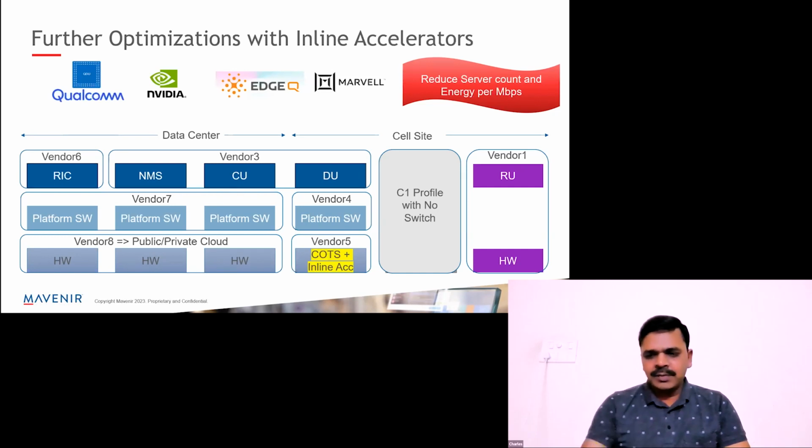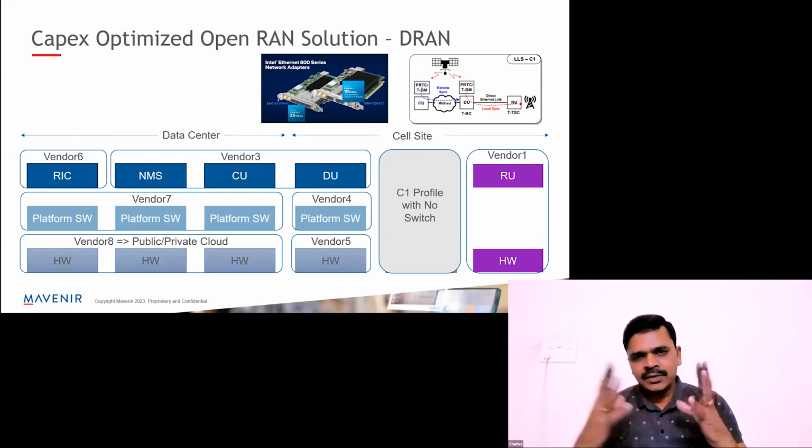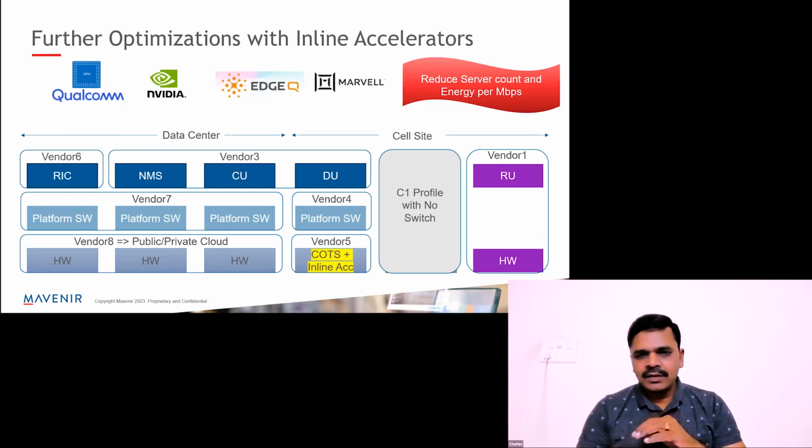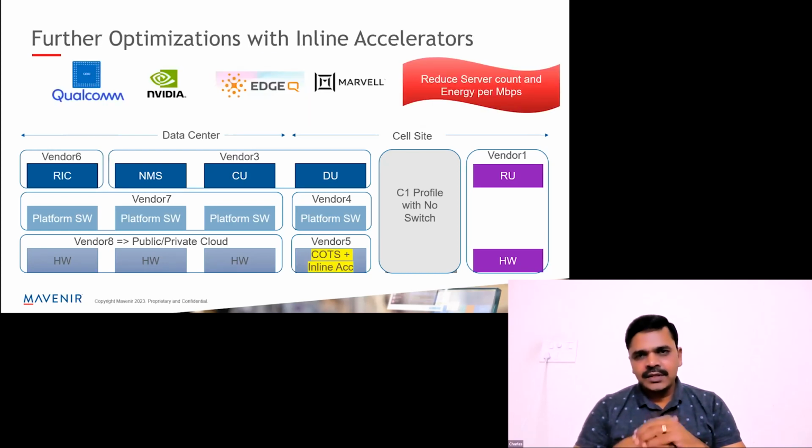So the previous slide talks about a case where you have a configuration where you can manage everything within, say, for example, a 32-core or even 2 server configuration. But there are operators who have multiple layers and even 200, 300 megahertz of bandwidth with massive MIMO kind of capacities. So for such cases, having everything in the software becomes too expensive, or too many servers to be managed at the cell site.